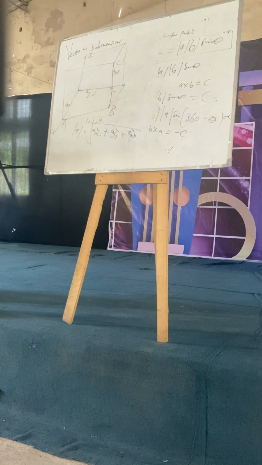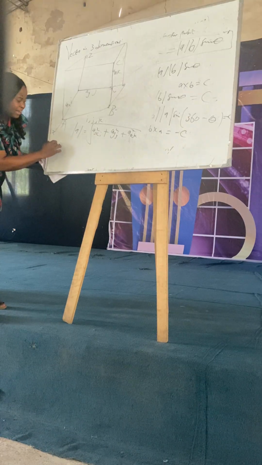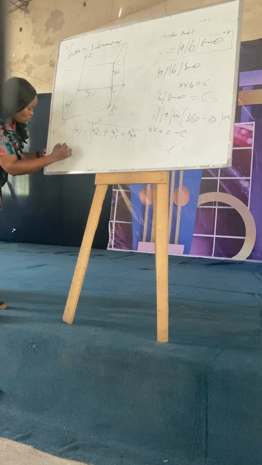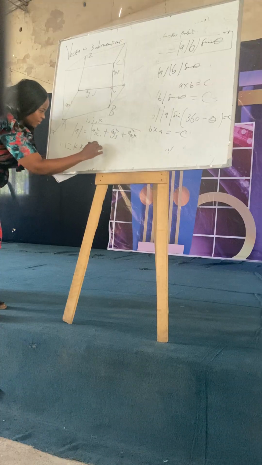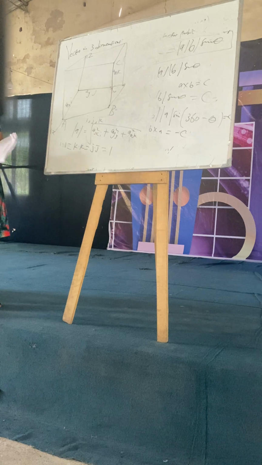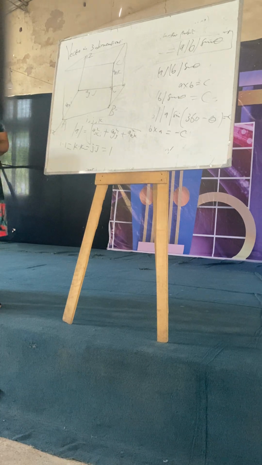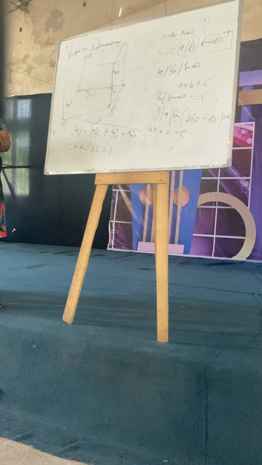I want you to take note of this. Take note that unit vectors obey the law of I dot I equals J dot J equals K dot K, which is equal to 1. Meaning that when the unit vectors are parallel to each other, it gives you 1.